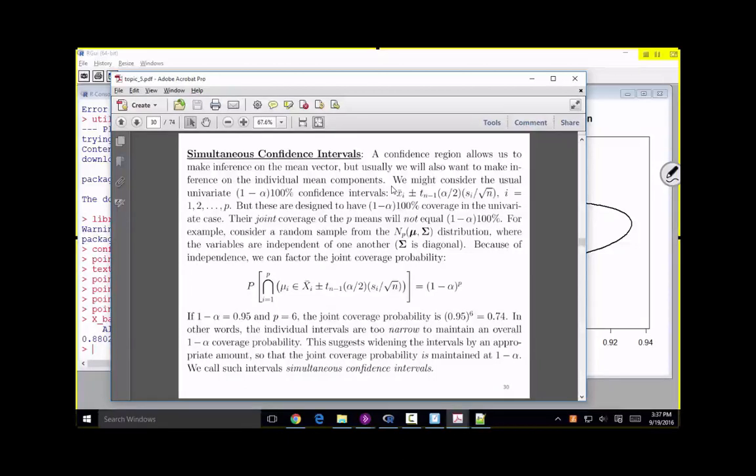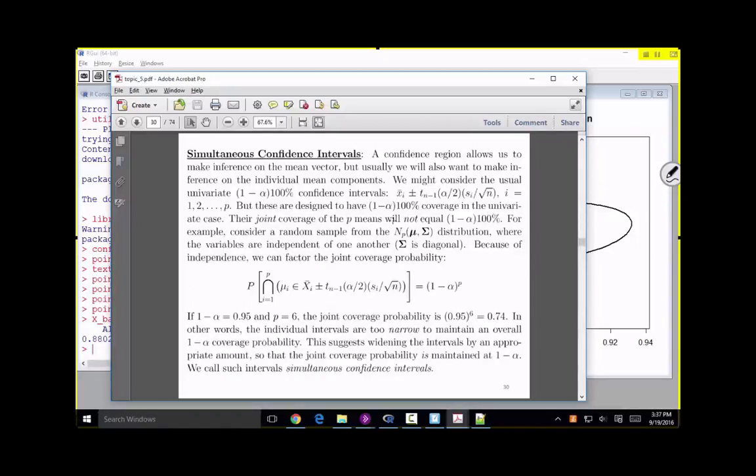But next we're going to think about how to go from a region to individual intervals for our individual variables. The challenge is we have p variables now. While a confidence interval for any one variable is not hard to do, that's Stats 101 stuff, if we want to have p confidence intervals, we need to be careful about how we construct them.